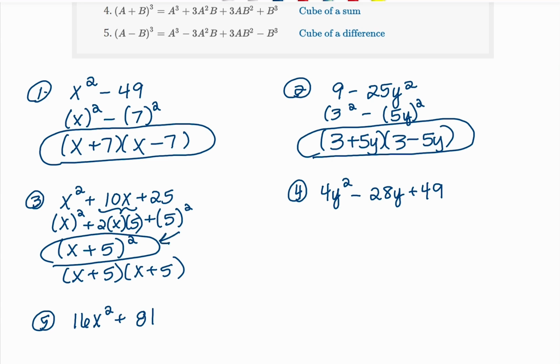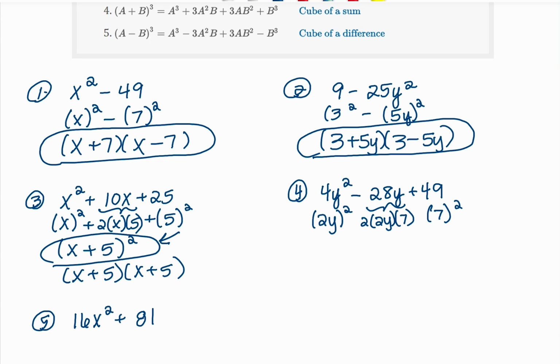Okay? So if you look at this number 4 here, we have a 2y being squared on the front. We have a 7 being squared on the back. And in the middle here, we have 2 times 2y times 7, okay?